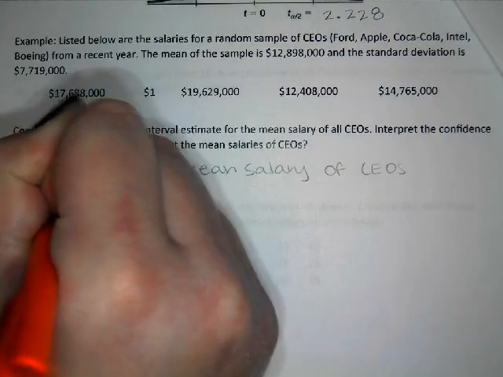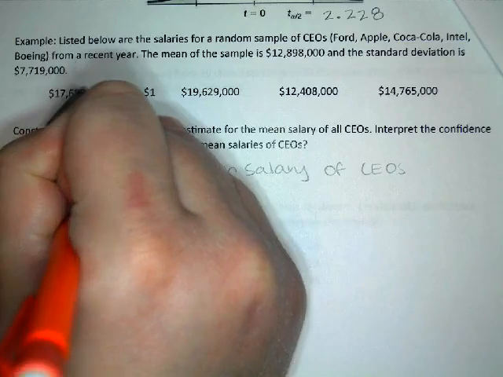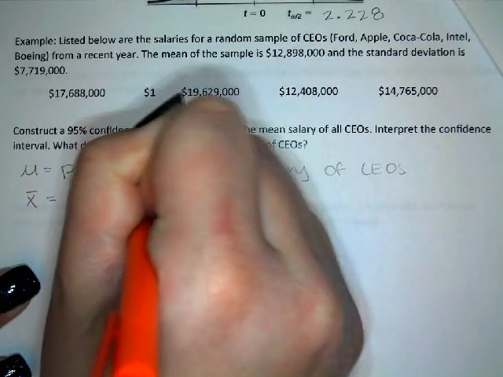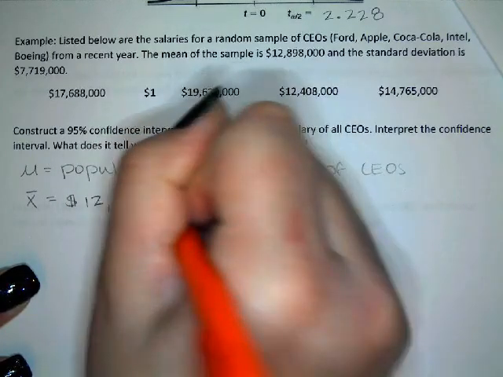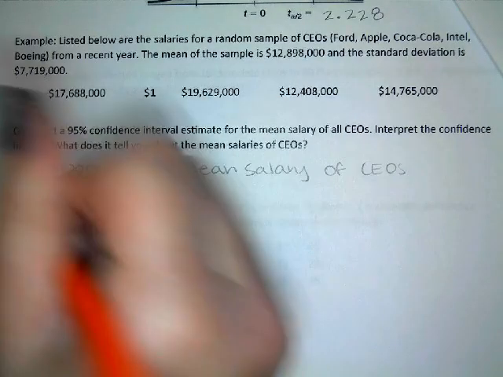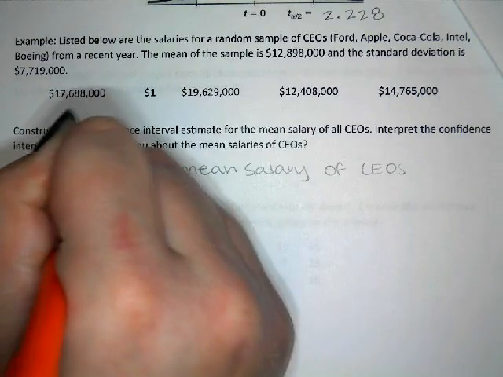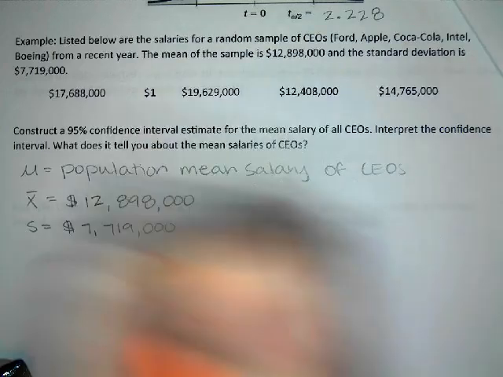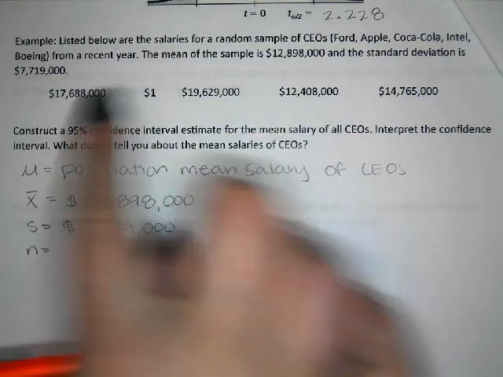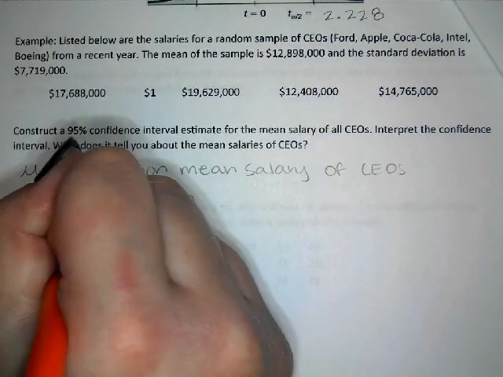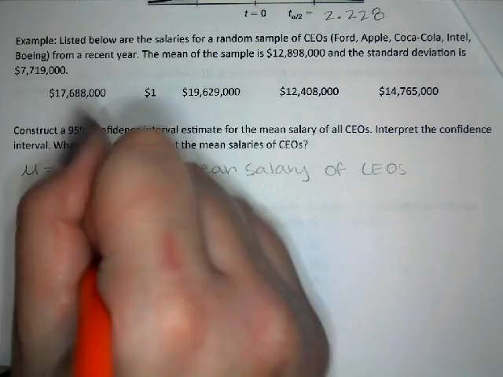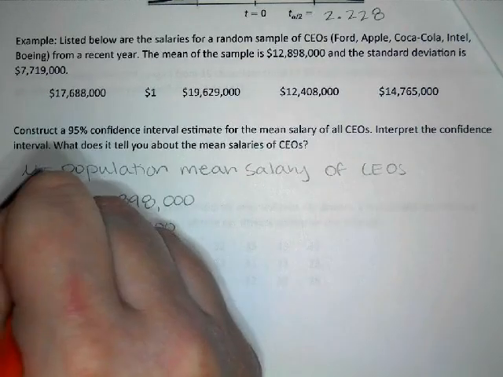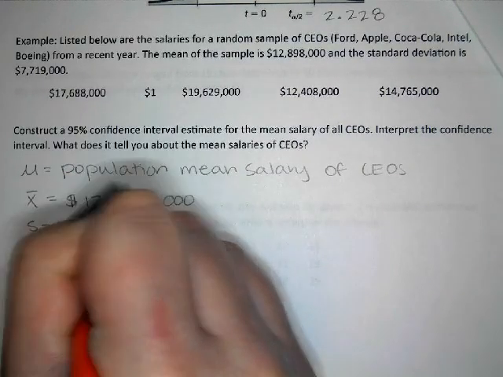X bar is 12,898,000. The standard deviation is 7,719,000. The sample size was 5. That means that the degrees of freedom is 4. And then the critical value at alpha divided by 2.